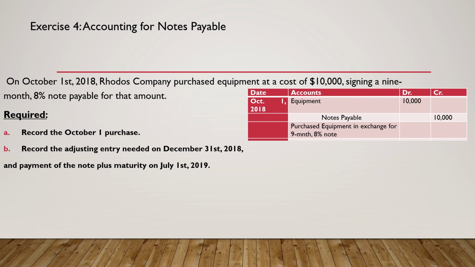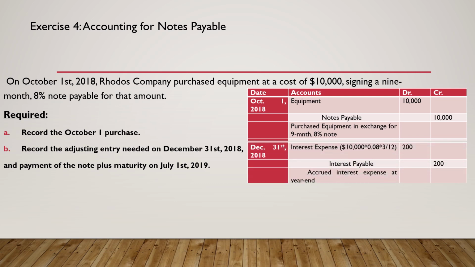So at the end of 2018, I just got benefit from the loan I took for only 3 months. That's why I need to record the accrued interest expense for 2018. So the entry will be debit interest expense, credit interest payable.